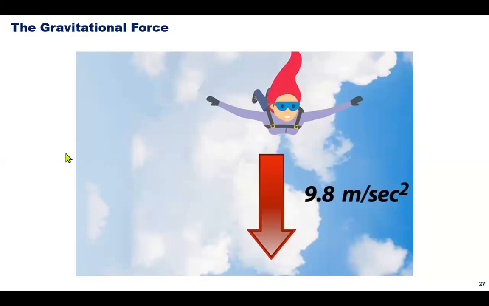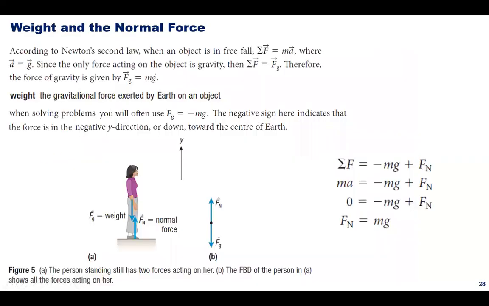Okay, next, let's have a look at weight and the normal force. So according to Newton's second law, when an object is in free fall, the net external force sigma F equals m times acceleration a, right?